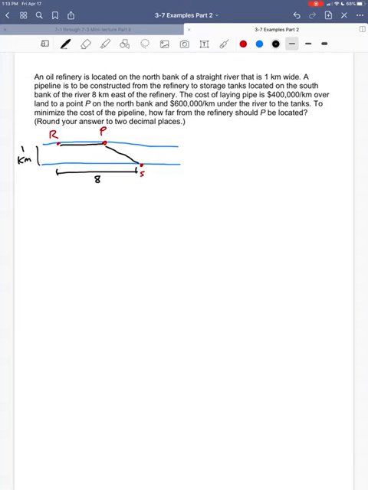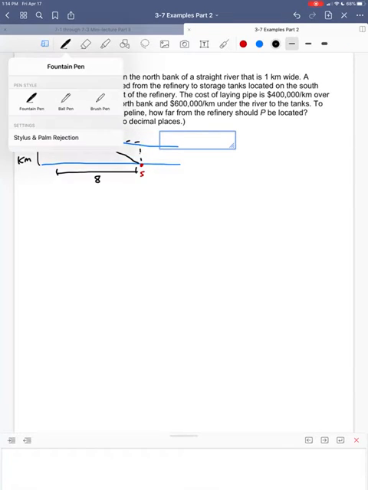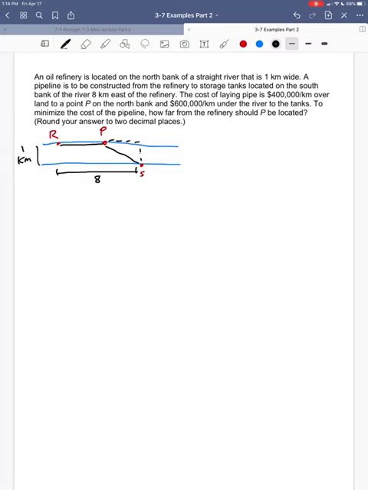So I see here I've got a right triangle right there. And so I know this side is 1. I could call this side x, and then this third side, that's the hypotenuse right here.